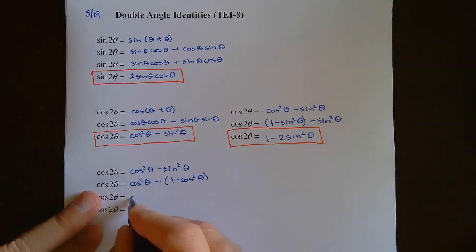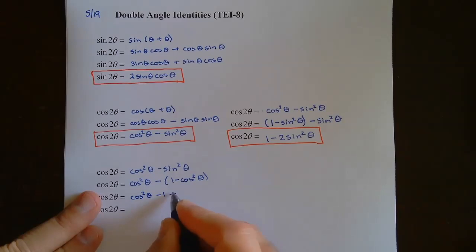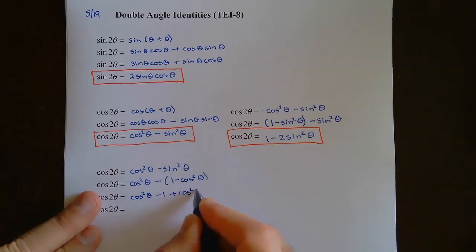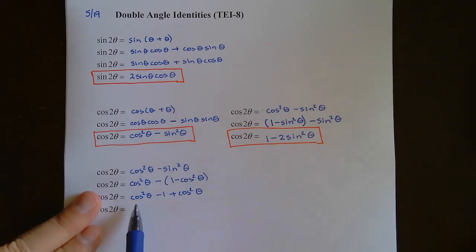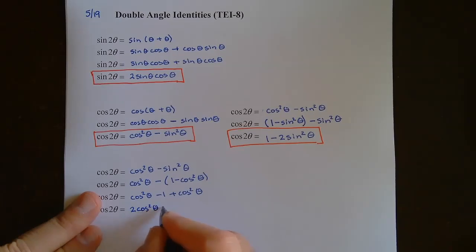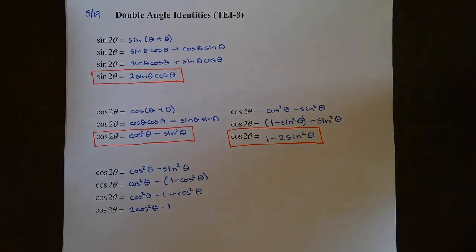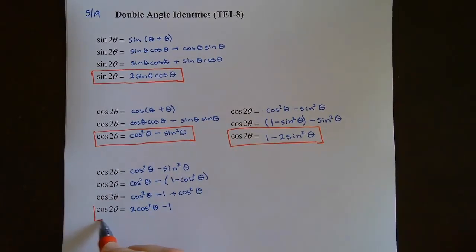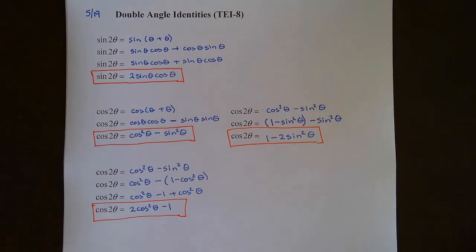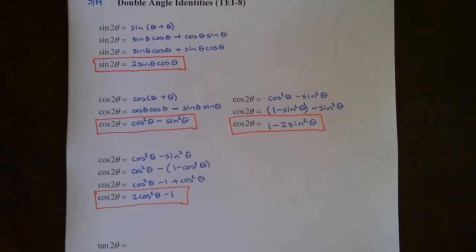That means cosine squared theta minus 1 plus cosine squared theta. Here we have a cosine squared theta, and here we're adding another cosine squared theta, so that's 2 cosine squared theta. So this is 2 cosine squared theta minus 1, and that's the third version of cosine 2 theta that you could use.